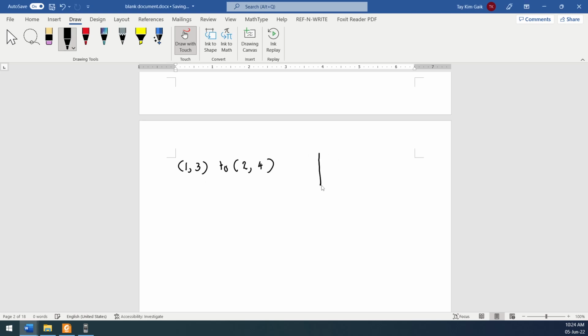This would be the line segment. Let's say x is 1, y is 3 here, and x is 2, y is 4 here. So we assume this is linear. If two points, we assume it's linear.